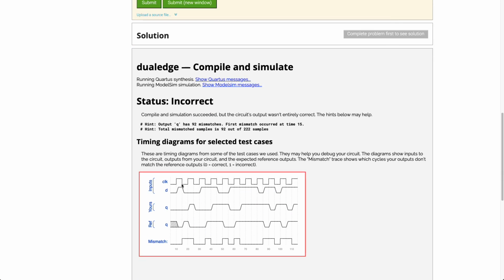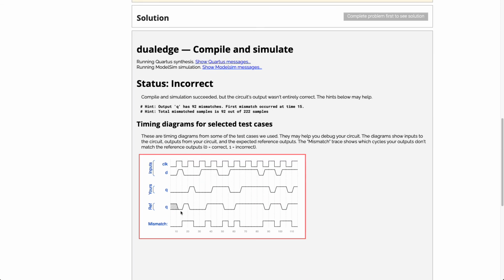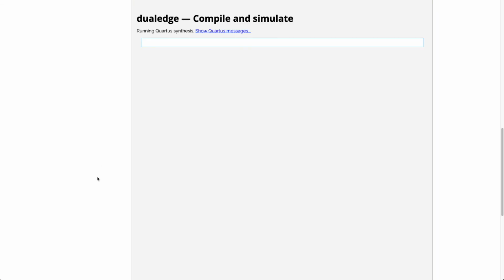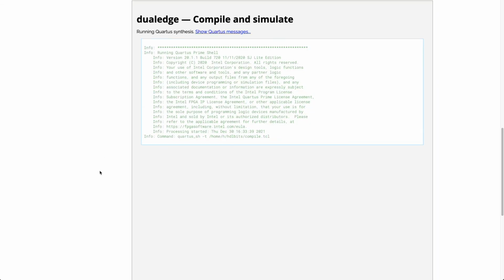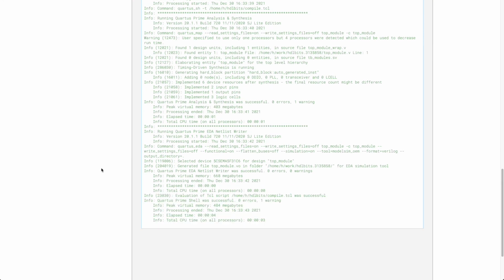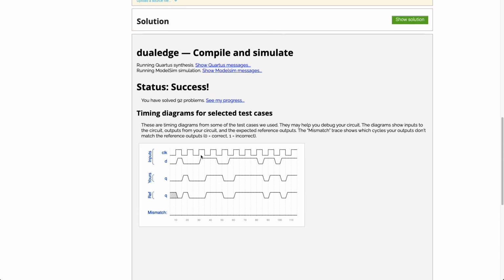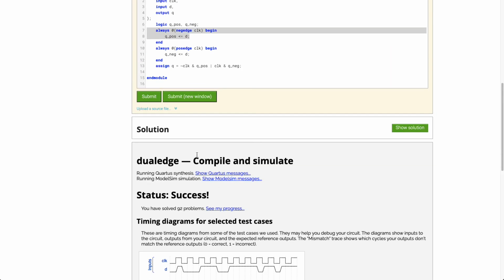But if I take the neg edge and then I clock this, then I'm not sure actually. Okay. So yeah, there is that delay which I guess screws up the problem.